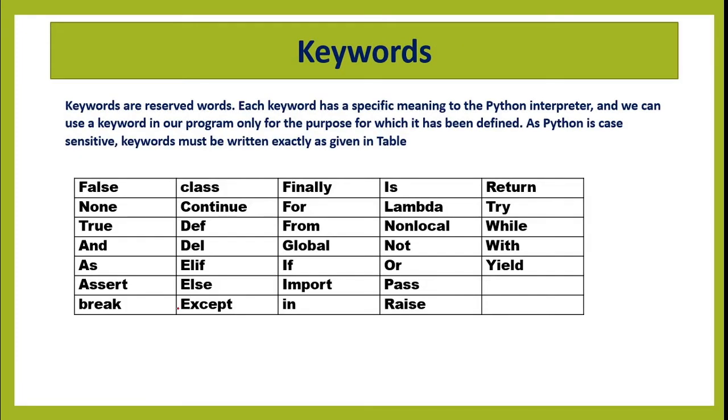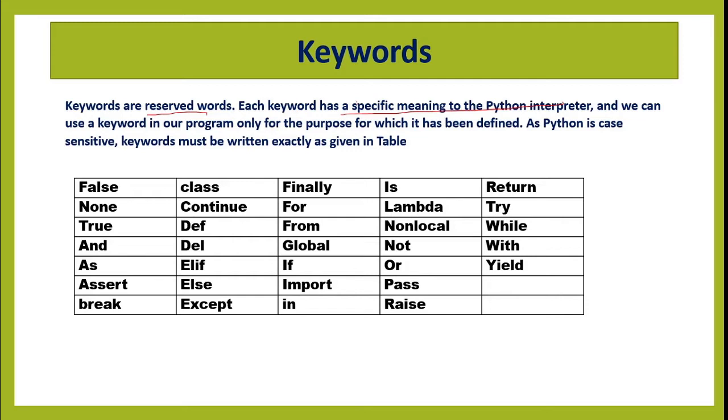So the next one is keywords. Keywords are reserved words. We know that each keyword has a specific meaning to the Python interpreter, because keywords are common in all programming languages.